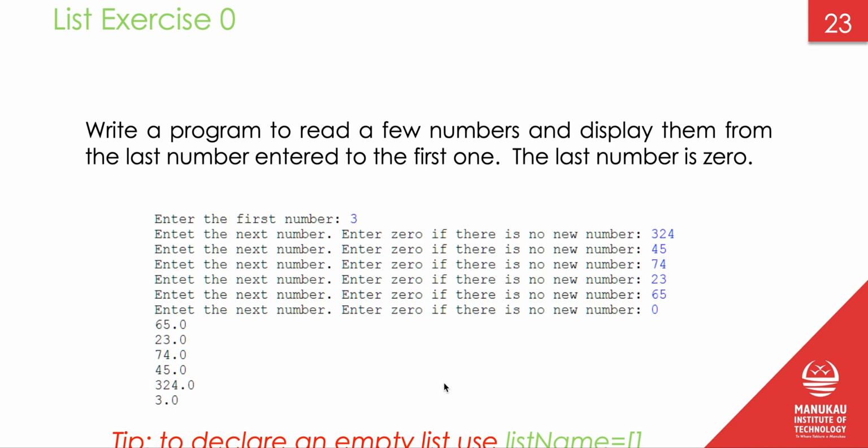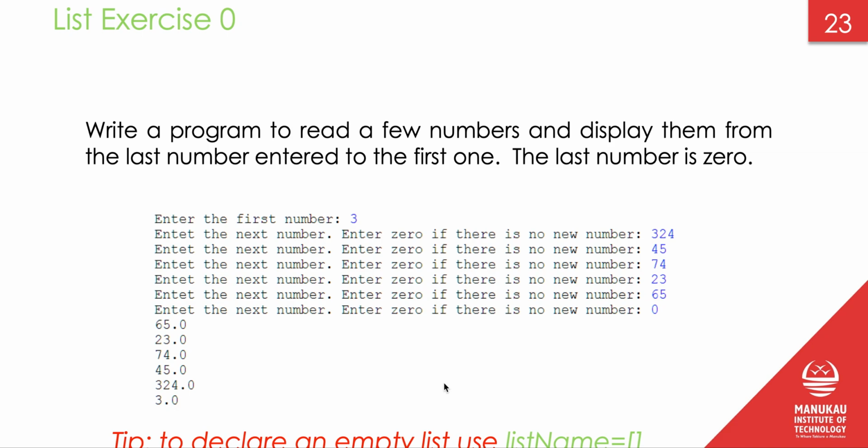Basically, we need a loop where, inside the loop, we ask the user to enter a number and then append that number to a list, provided that the number is not 0. And we keep repeating that until the user enters 0. Because we have repetitions here, we need a loop. Between loops, we have two options, for and while.